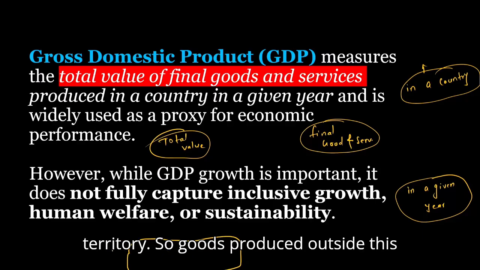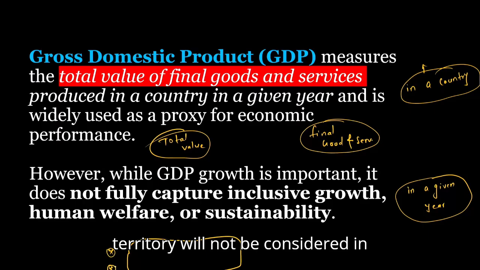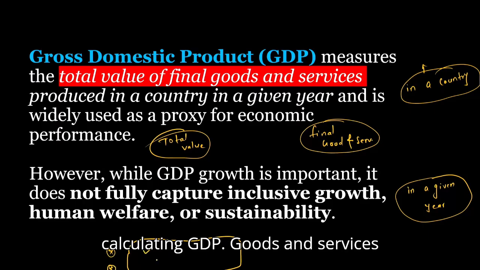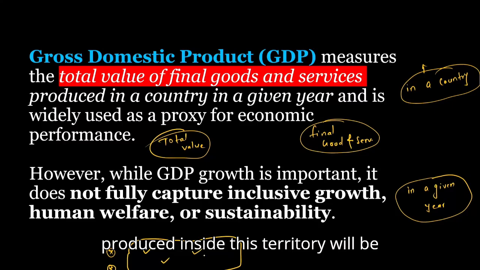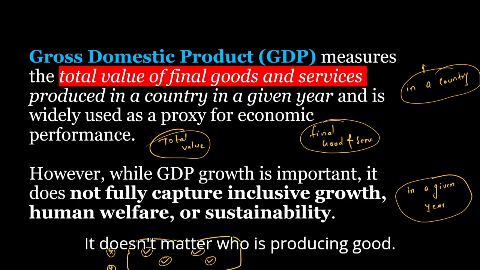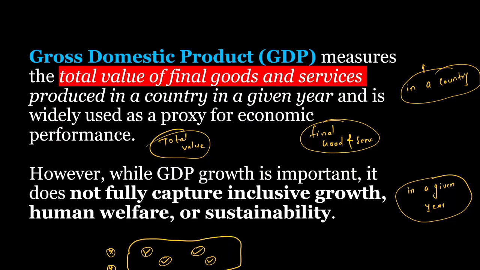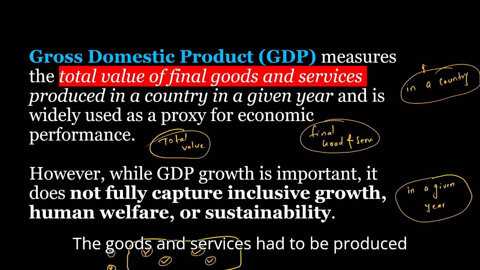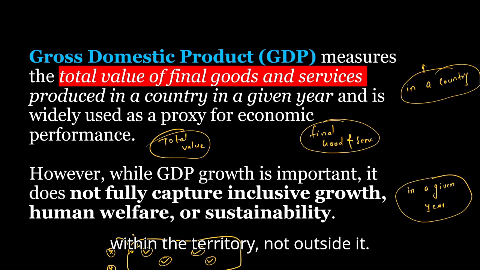So goods produced outside this territory will not be considered in calculating GDP. Goods and services produced inside this territory will be considered in counting GDP. It doesn't matter who is producing goods or services. The goods and services have to be produced within the territory, not outside it.